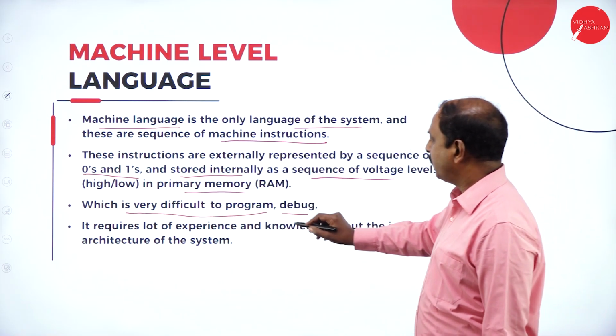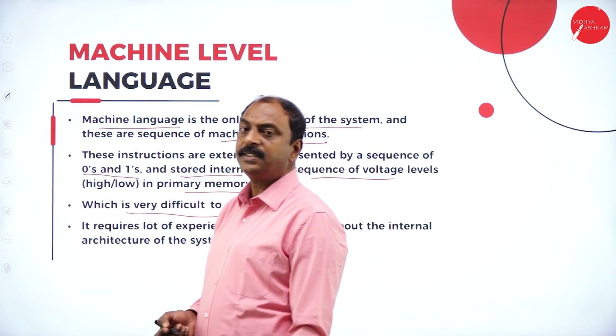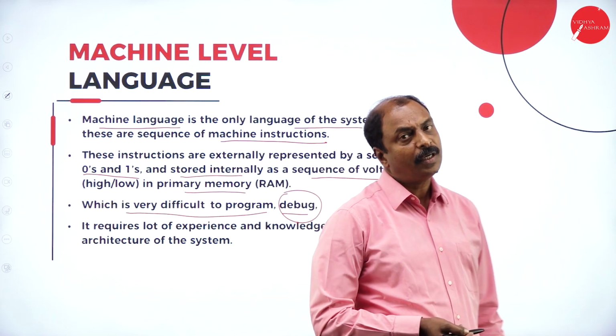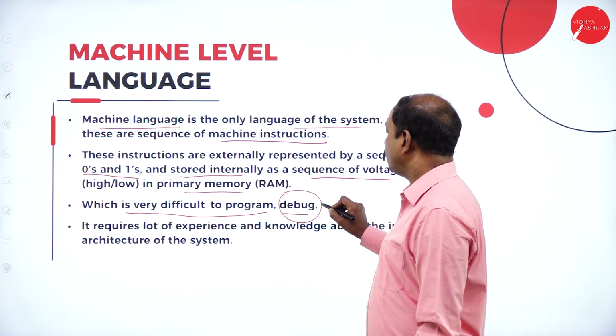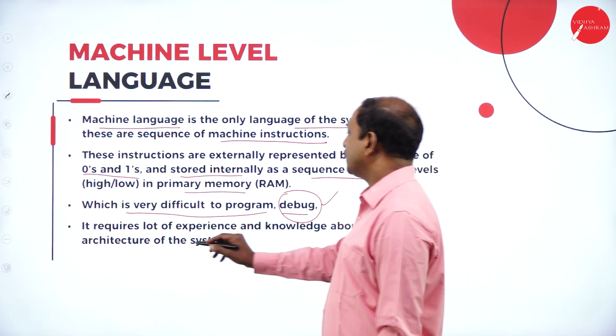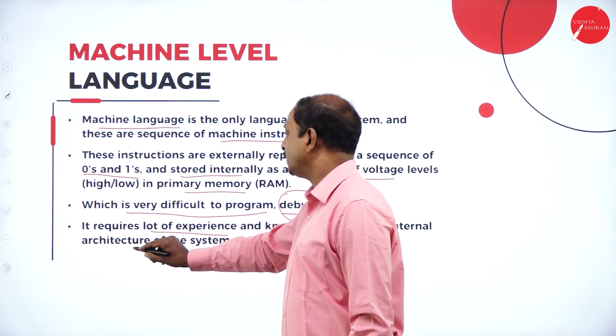And not only that, if you look at debugging, what is debugging? We have to check our program for errors, and correcting those errors or mistakes in the programs is called debugging. It is also a difficult, tedious job, and it requires a lot of experience and knowledge about the internal architecture of the system.